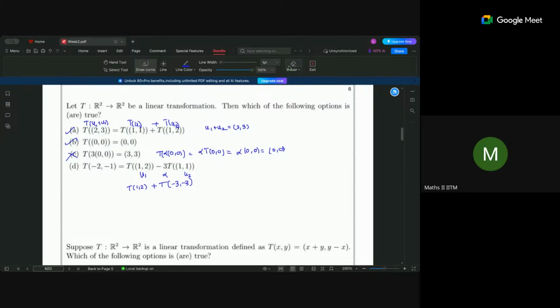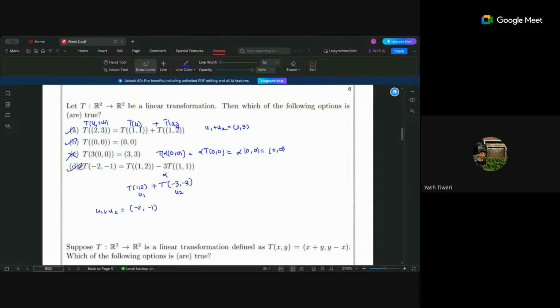Now let us call this u1 and u2. First we did the scalar multiplication. Now we are going to look at the addition. What is your u1 plus u2? Minus 2, minus 1. So is D correct or wrong?